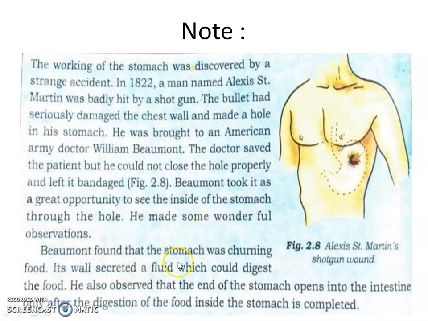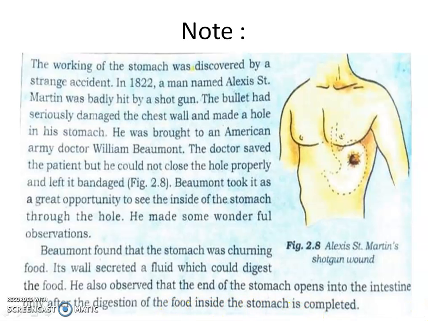Beaumont found that the stomach was churning food. Its walls secreted a fluid which could digest the food. He also observed that the end of the stomach opens into the intestine only after the digestion of the food inside the stomach is completed.